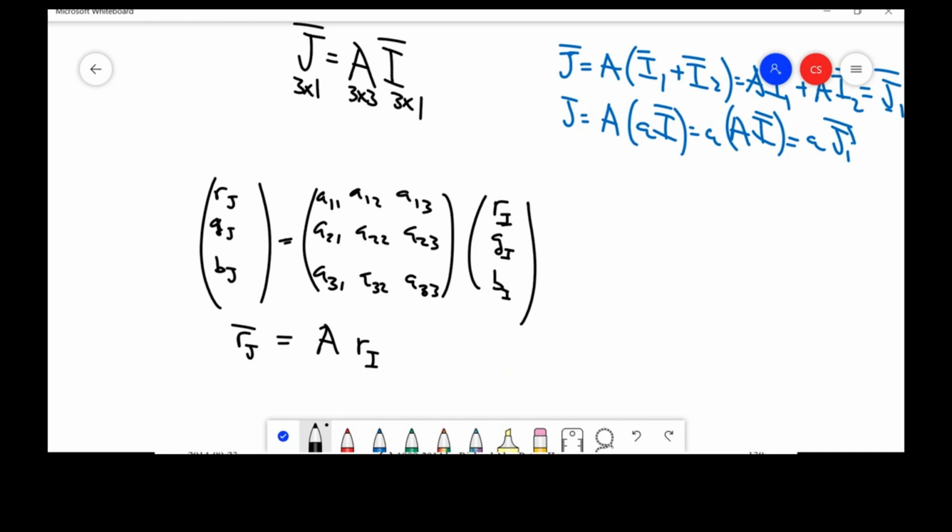So I can reorganize this in a different way. Let us multiply this. So now I can put my matrix here. That is what I want to solve.